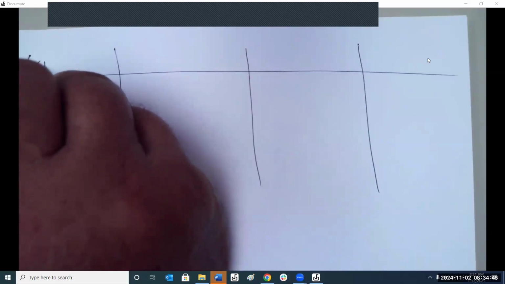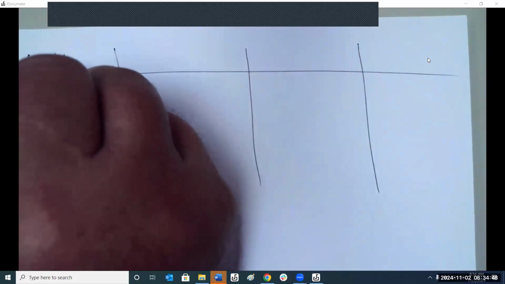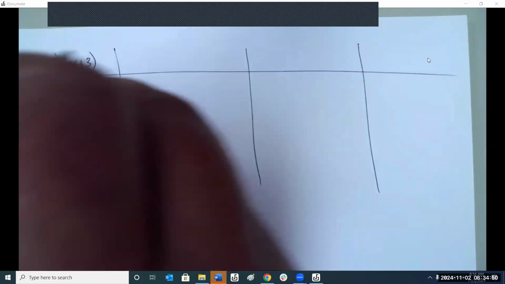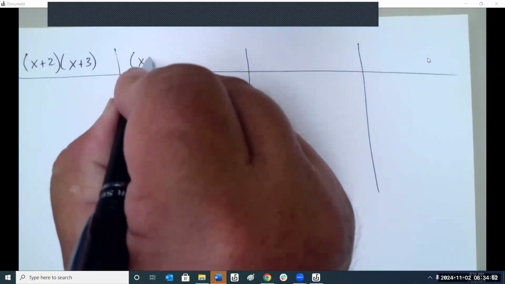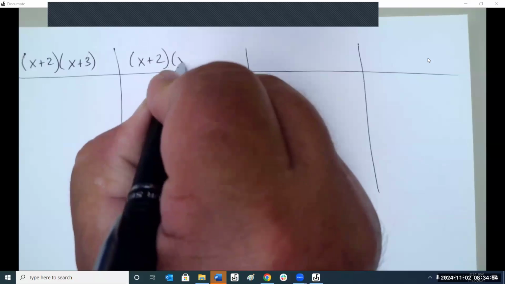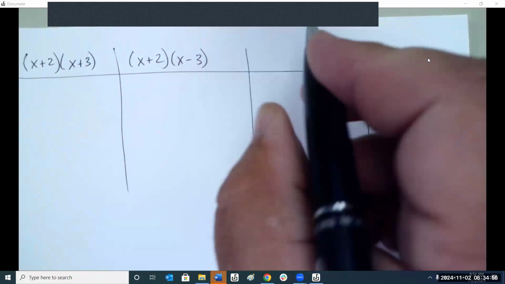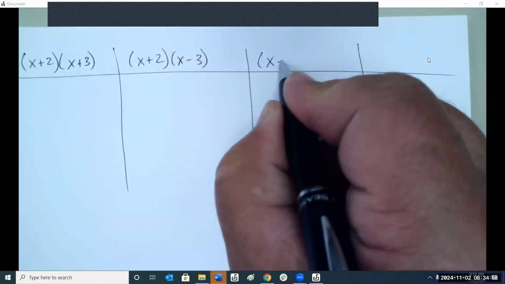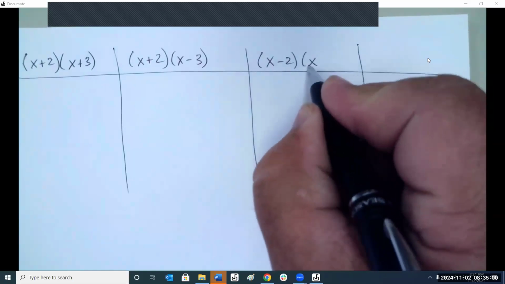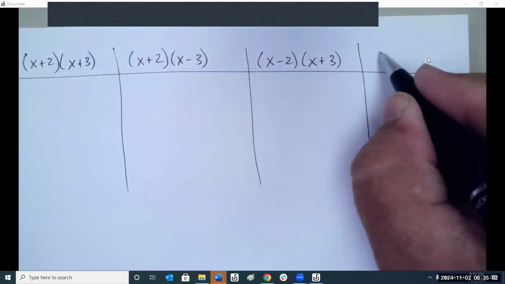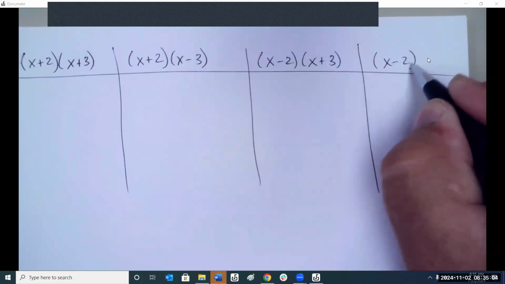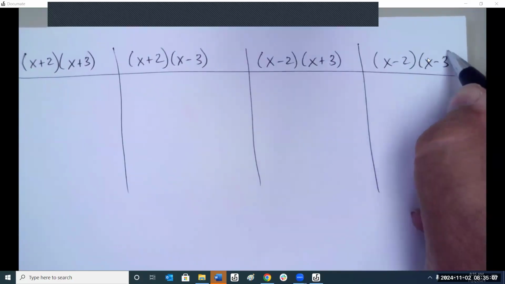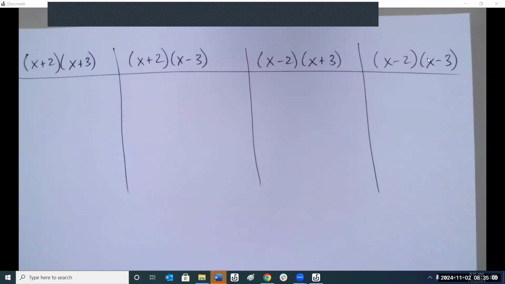I'm going to do x plus 2, x plus 3; x plus 2, x minus 3; x minus 2, x plus 3; x minus 2, x minus 3. We're only dealing with quadratic equations. How do we know this is going to give us a quadratic equation?